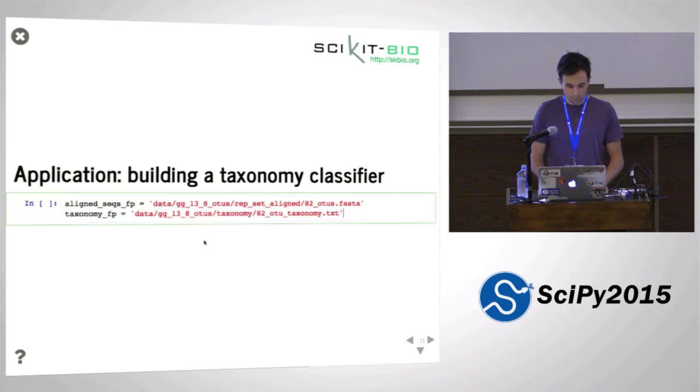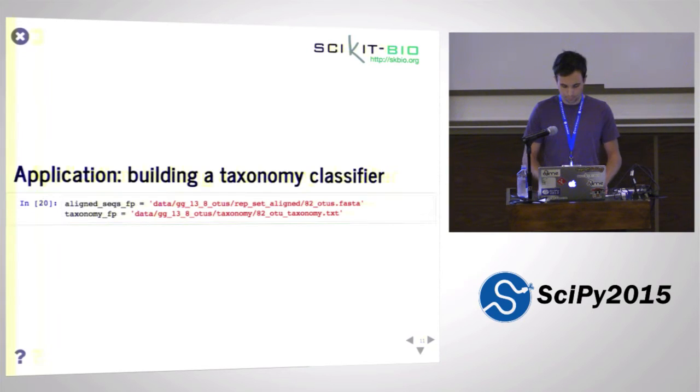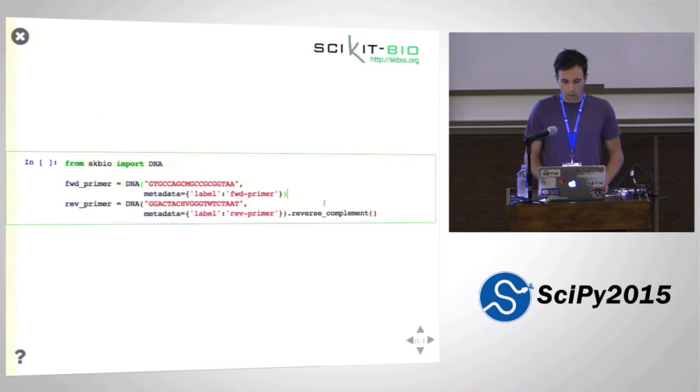We're going to show how you can do that with Scikit-Bio and Scikit-learn. First, I'm going to define a couple data paths to the reference sequences, where we know what their taxonomy is. We need to do a little pre-processing to extract the region of interest we want to train the classifier on, because these sequences are very, very long.